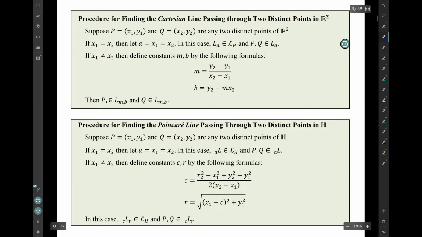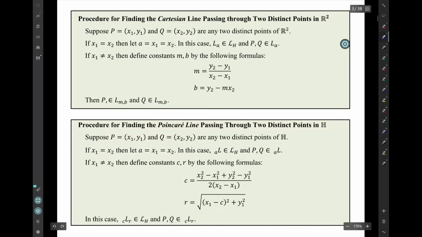If we're considering those points in the Poincare plane and they have the same x-coordinate, then their line is called a type 1 line. It looks like a vertical line, but it's just in the upper half plane. If the 2 points have different x-coordinates, and we're considering them as points in the Cartesian plane, then we find the slope and the y-intercept of the line that passes between them using the usual tools for doing that. And we just build this symbol, L subscript m comma b.